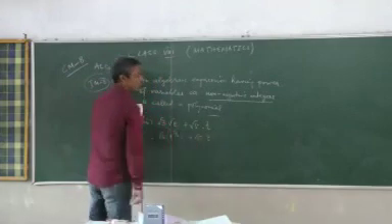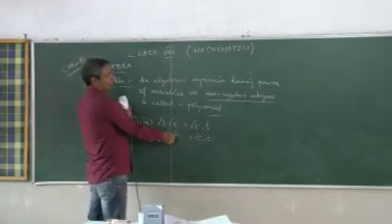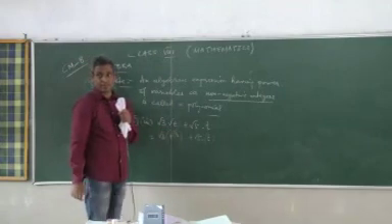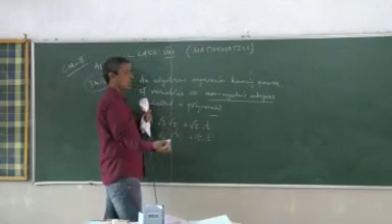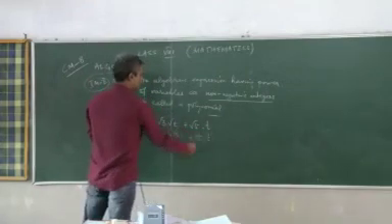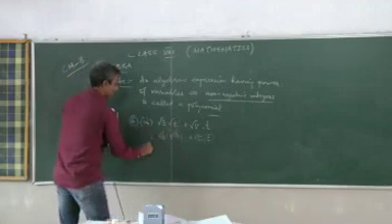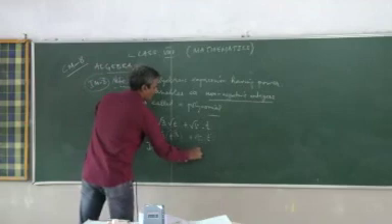Now, looking at the variables, this one's power is non-negative, but it is not an integer. It is a fraction. This one's power is a non-negative integer. So that is not the problem, but here is the problem. The power is a fraction, so it is not a polynomial.